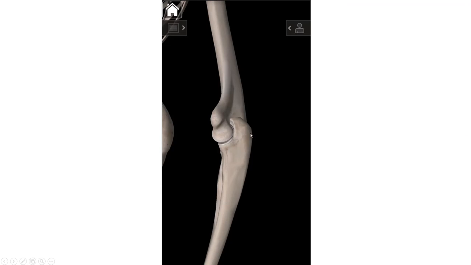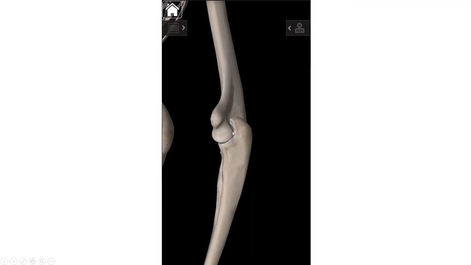And then the next thing is the trochlear notch. So the trochlear notch is all of this half moon shape here. As you would expect, it interacts with the trochlea of the humerus. So the trochlear notch of the ulna goes with the trochlea of the humerus, and that helps form the primary hinge joint of the elbow, which is the humeroulnar joint.